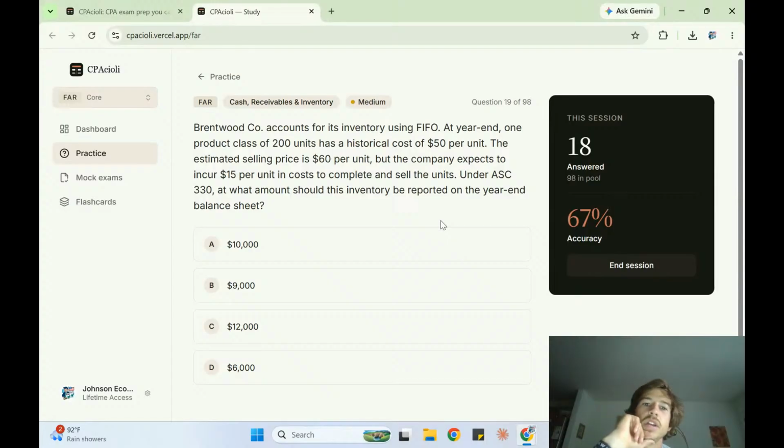So just 10 grand. Might just be 10 grand.